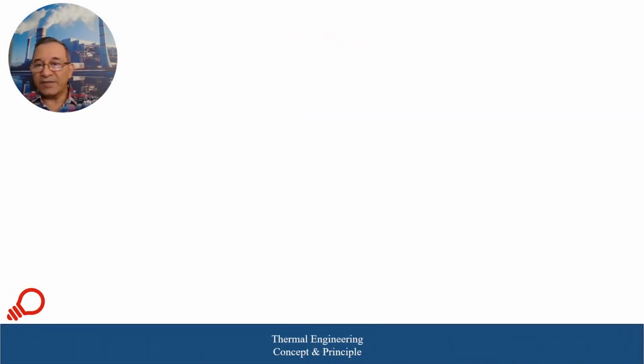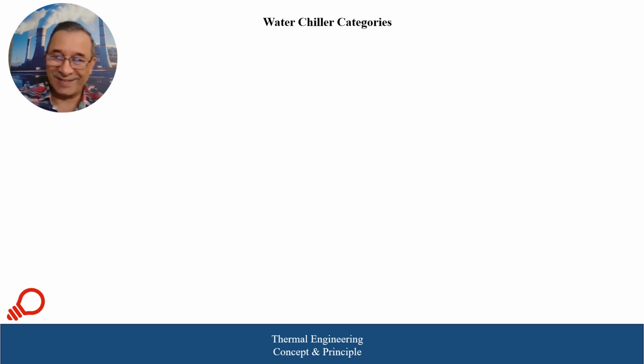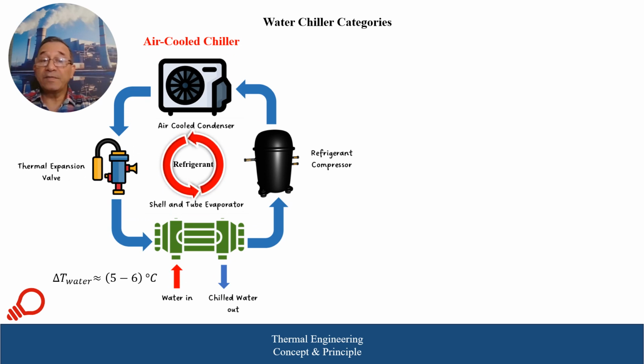Now, let us think about the water chiller categories. As I mentioned in the previous slide, there is water cooled and air cooled. So, an air cooled water chiller refers to the condensing unit, which uses air for condensation.